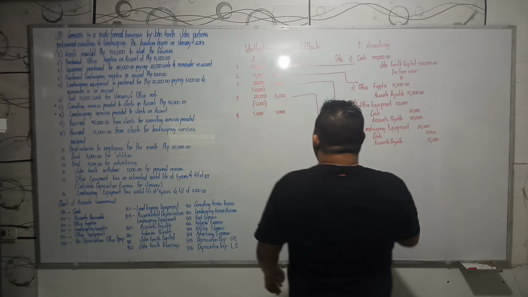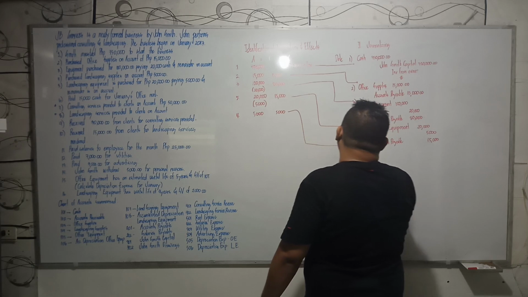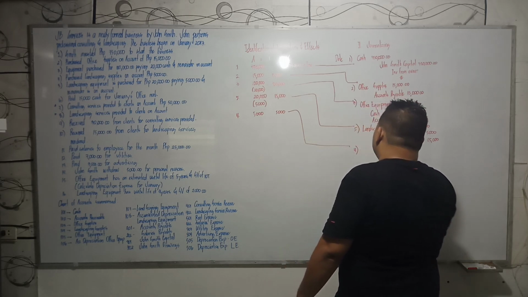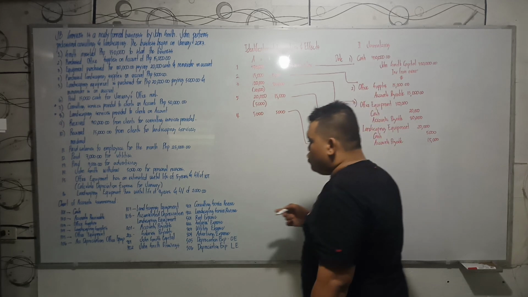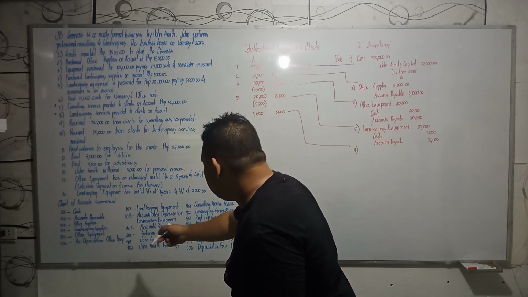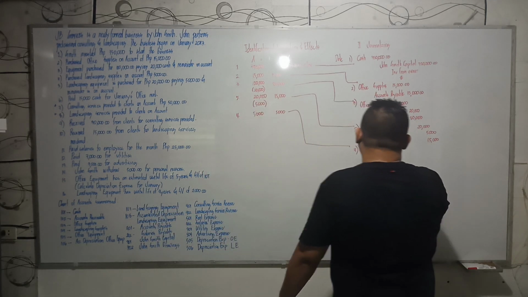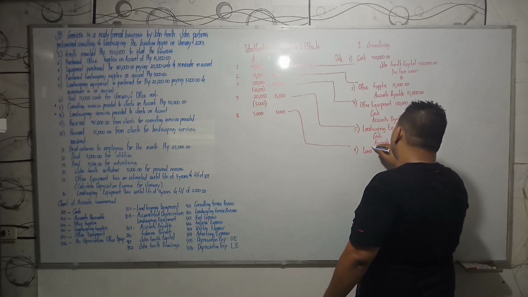So in the number 4, if we're going to make an entry here, so debit, of course, the landscaping supplies. Do we have landscaping supplies here? Yes, we have. So landscaping supplies.